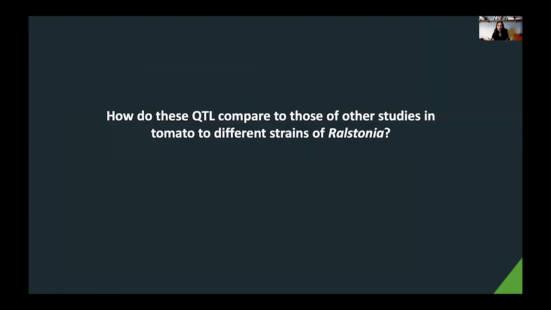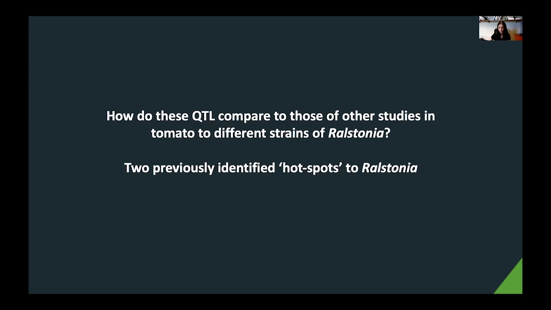Okay, so that's great, but how do these QTL compare to those of other studies in tomato, to different strains of Ralstonia? So ours was the first time that anyone had looked for genomic regions that were important for the US strain, but there's lots of other studies out there that have done this using the same population to other strains of Ralstonia. And those studies have identified 2 hotspots within the genome, meaning there's a lot of QTL, or there are QTL that continuously pop up at those spots.